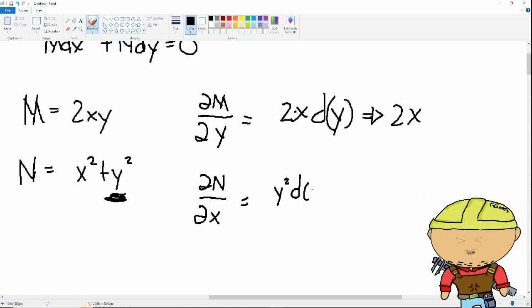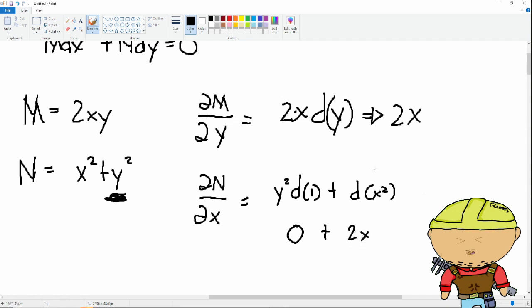Basically, there's no x variable in the second term. Plus the differential of x squared. Since in the second term there's no x variable, only the constant y squared, it's going to be 0 plus the derivative of x squared, which is 2x.